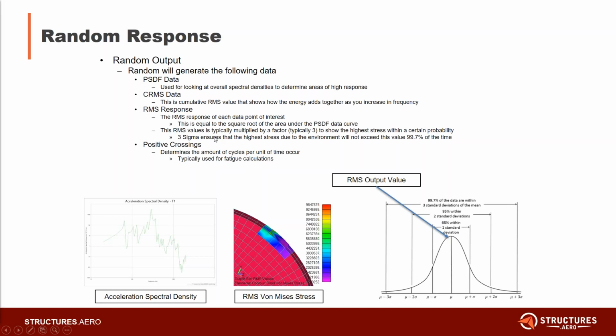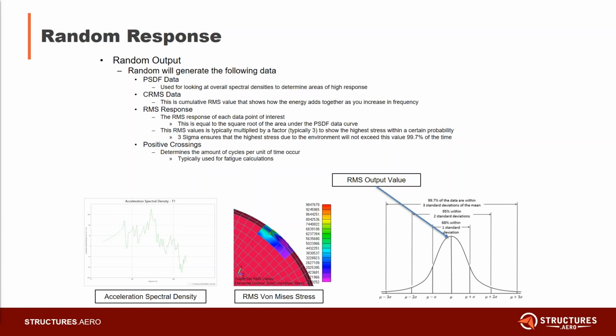The RMS response is one of the main things that you're going to probably be looking at. Your root mean square value is actually the area under the power spectral density function curve, or the square root of that. And this is typically the value you use to calculate against allowables in other cases.